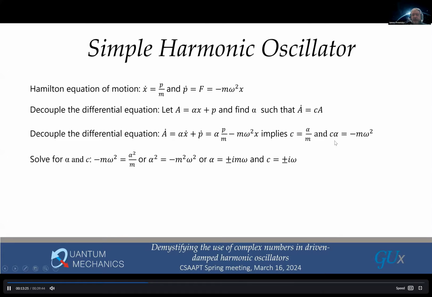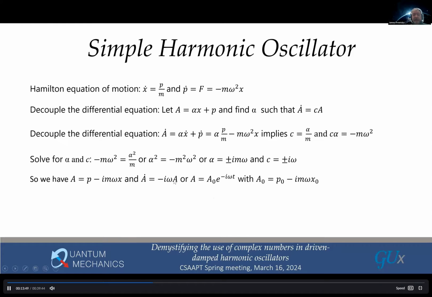We get alpha squared over m is equal to minus m omega squared. We solve for alpha. You see, alpha squared is minus m omega squared. So you're forced into picking an imaginary number for alpha in order to make this work. And the c is plus or minus i omega. There are two solutions, but now it's trivial to solve.